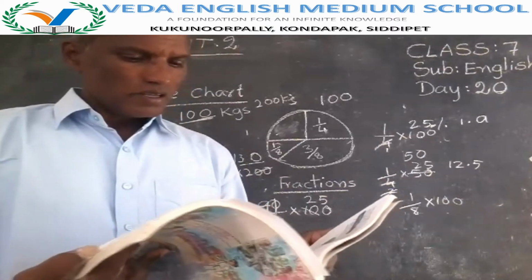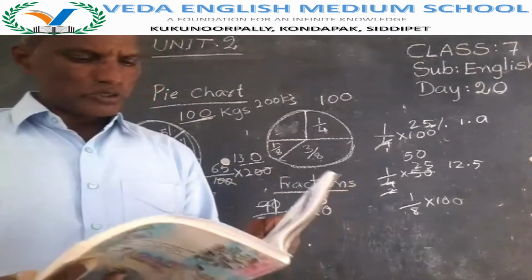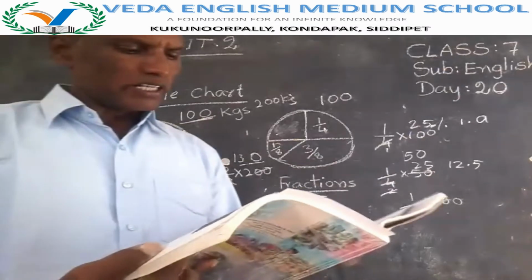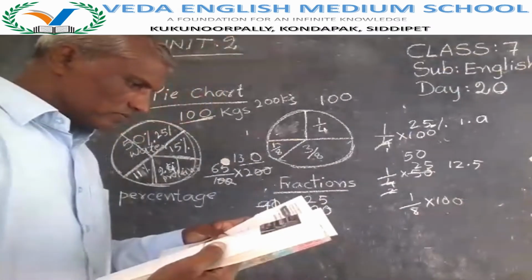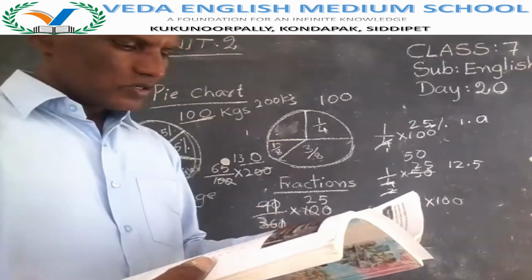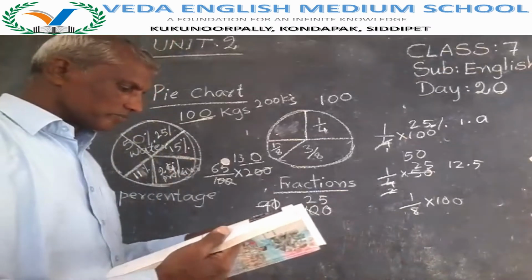Now, hormones, enzymes, and other proteins constitute 2 by 5 of the human body. So here, 2 by 5 means proteins.